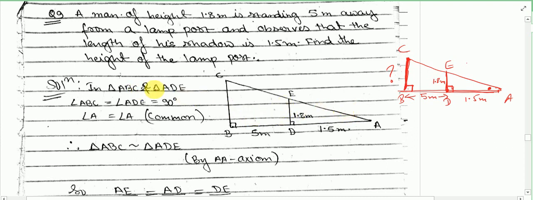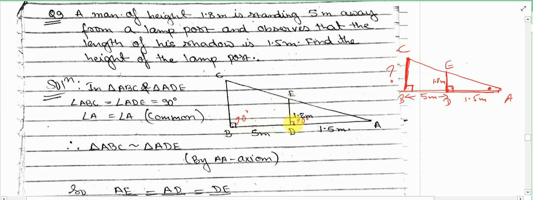So see over here, this is the figure that I have drawn. In triangles ABC and ADE, you see that this is 90 and this is also 90, because obviously this lamppost will be straight. So with the plane you will make 90 degrees.